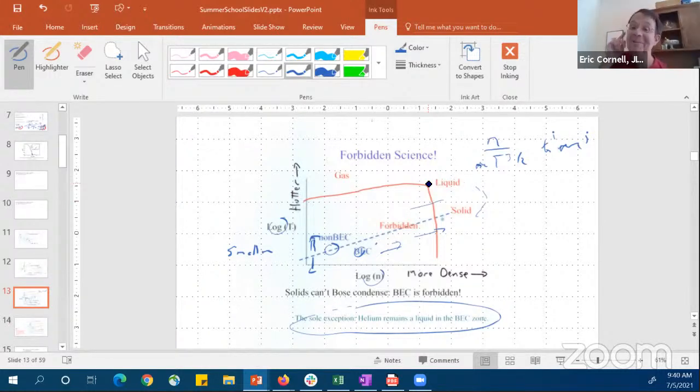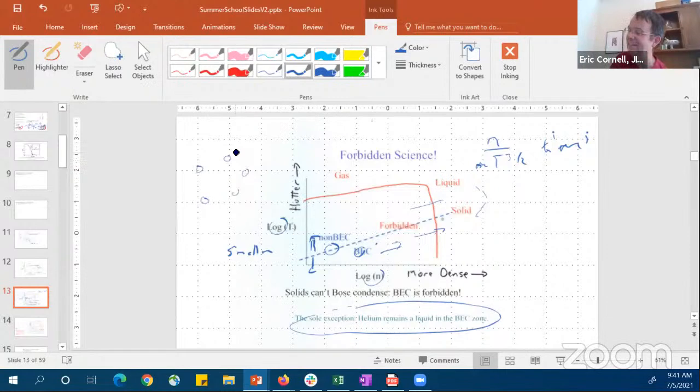Okay, so now we're getting into real thermodynamics. We were used to thinking about gas in the ideal gas regime.